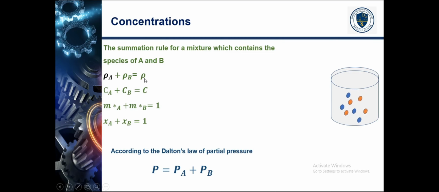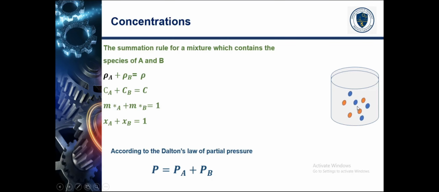For example, the mass concentration of the mixture, that is rho, is equal to the mass concentration of species A plus the mass concentration of the species B. In the same way, the molar concentration of the mixture, that is C, is equal to the molar concentration of the species A plus molar concentration of the species B, which gives the total molar concentration of the mixture. As per the rule, the summation of mass fraction of each species is equal to 1.